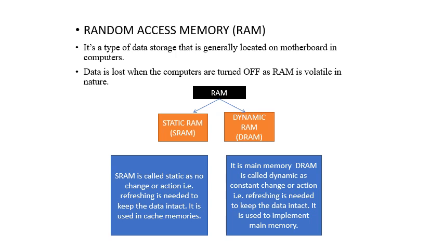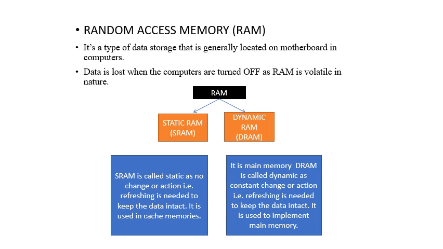Now RAM has been divided into two parts. There are two types in it: the static RAM and the dynamic RAM. Now static, the name itself, means it has no changes in it. Dynamic is something where changes can take place. Changes cannot be made in the static RAMs, whereas in dynamic RAM memories, changes can be made or actions can be taken. Static RAM is what we call cache memory, and dynamic RAM is what we call main memory.